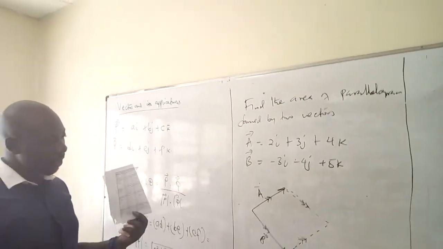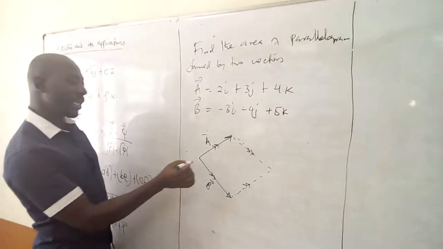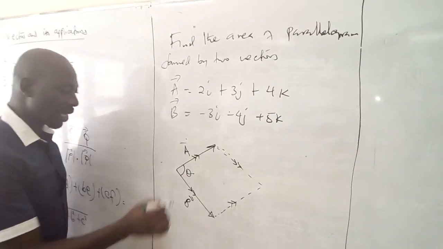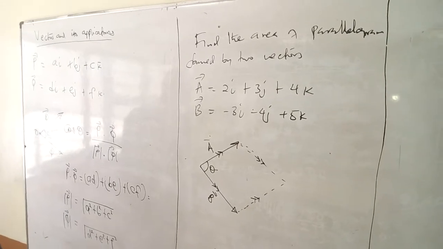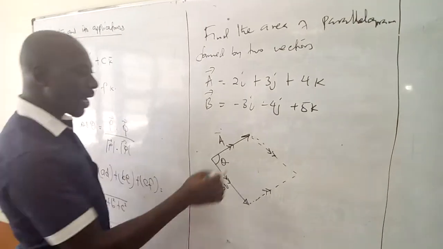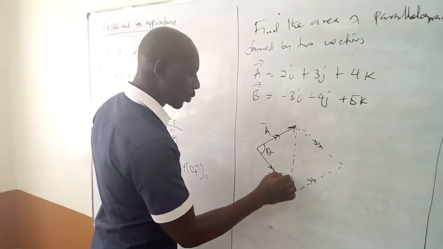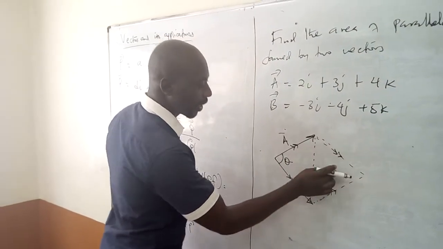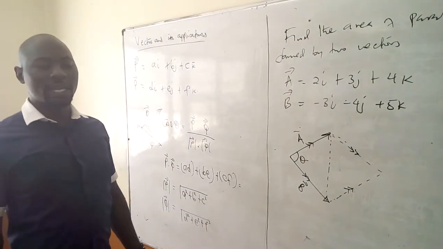So how do you go about that one? First, we need to get the angle between these two vectors, that angle theta. So after getting the angle theta, we can divide it into two, such that this one is a triangle and that one is a triangle. And how do you get the area of a triangle?